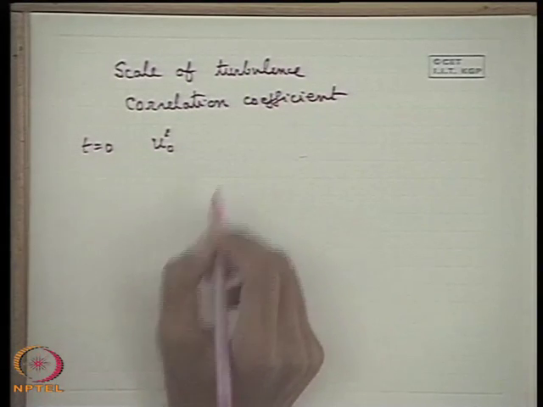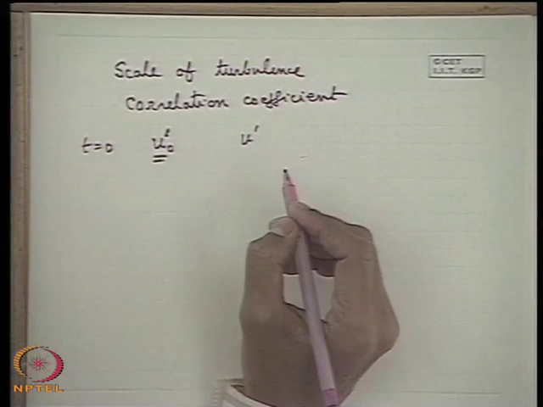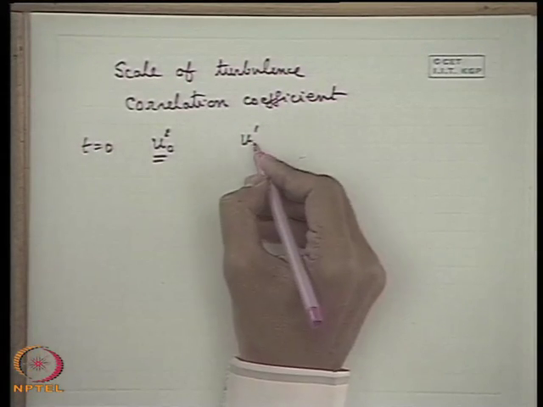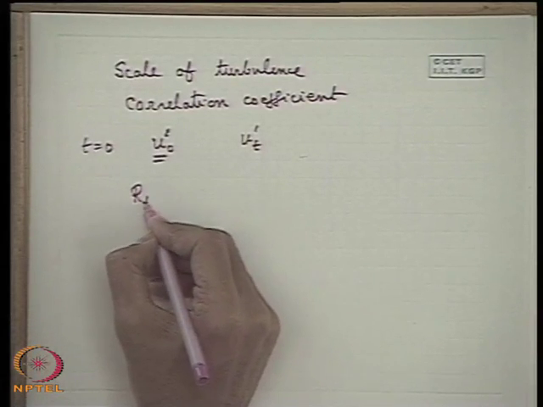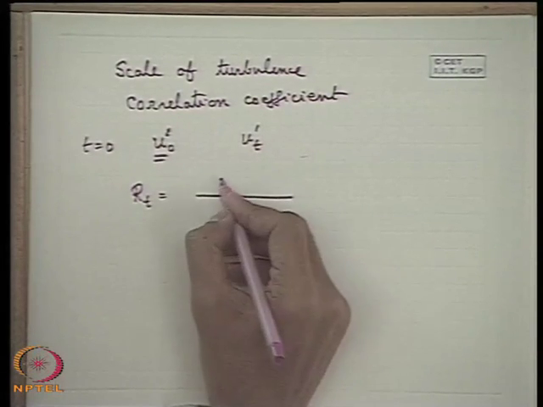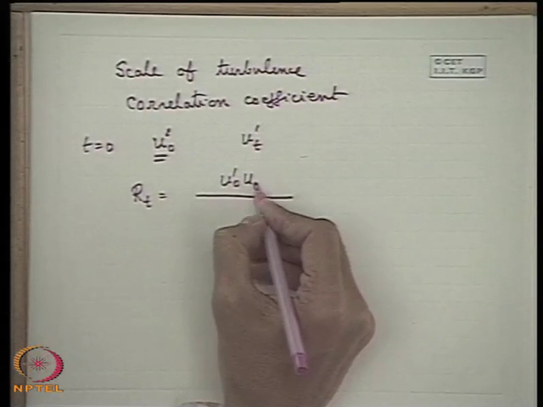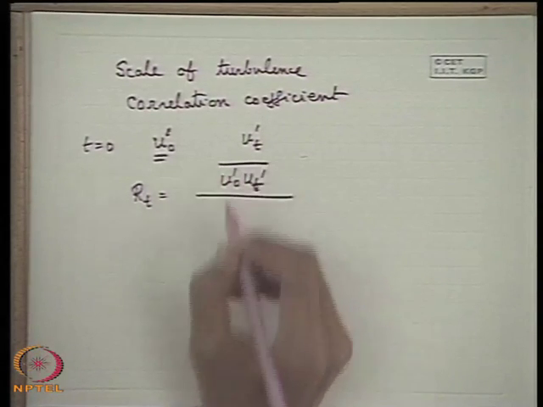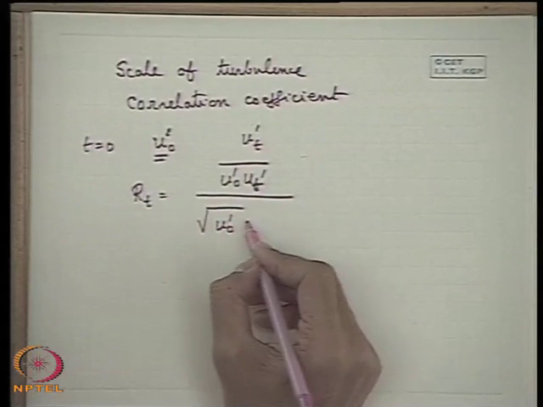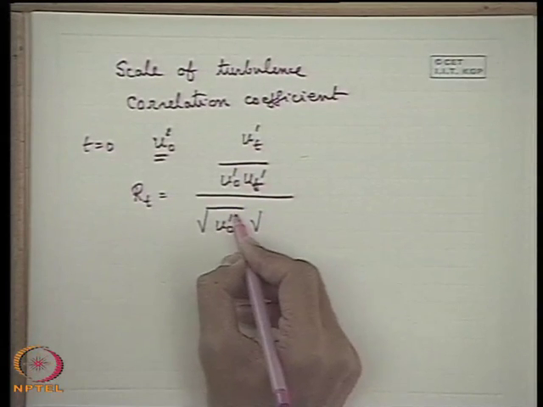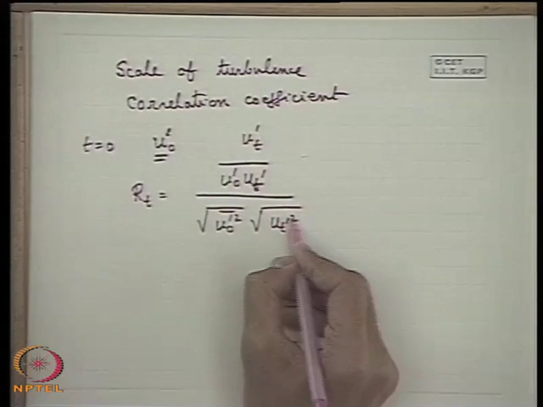Now, the correlation coefficient is defined like this: if we have a fluctuating component of velocity at the same point at a different time, u dash t, then the correlation coefficient RT is defined like this: u dash 0 times u dash t, averaged, divided by the square root of u0 dash square average times ut dash square average.